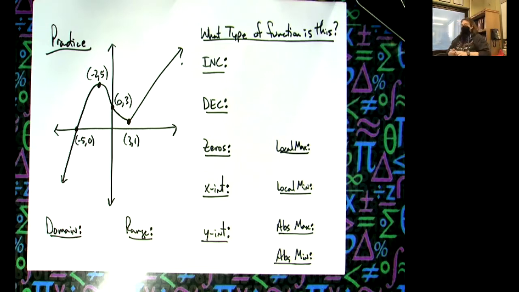Which might be tricky the way I drew it, since I kind of hand drew it, but I'm thinking I can ask that question. Okay, so answer those. I'll give you a few minutes and then we'll put the answers up.